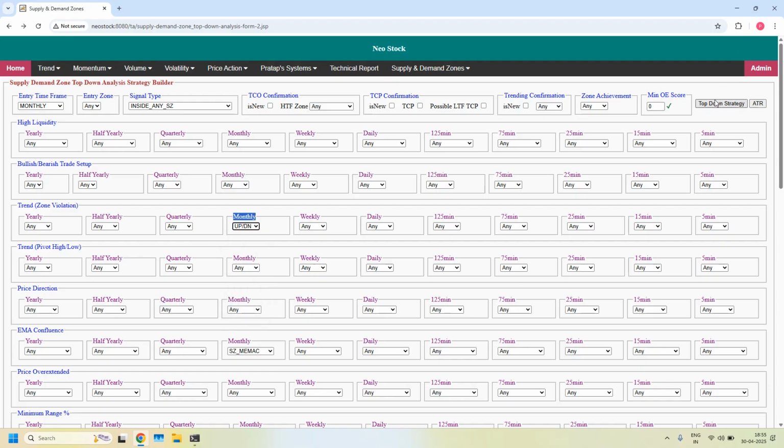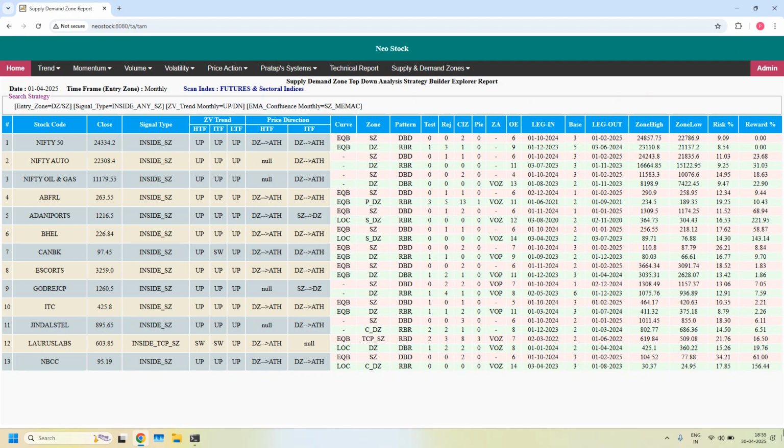With these filters, now the list has come down to 13 stocks. These 13 monthly supply zones are having a monthly EMA Confluence. At the same time, current prices are closed inside those monthly supply zones. And Nifty 50 is also having a monthly supply zone, having monthly EMA Confluence.